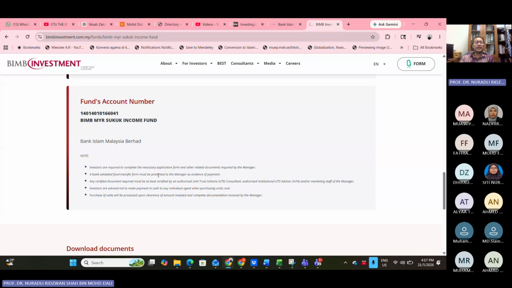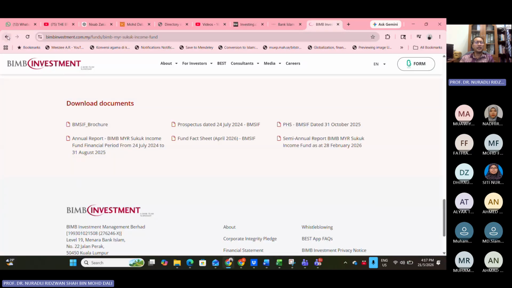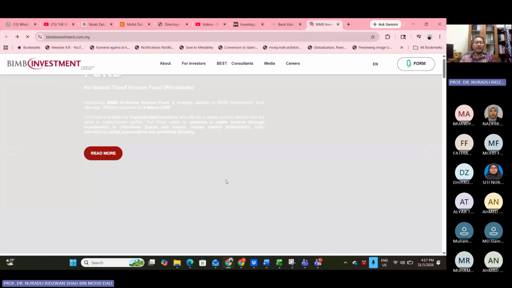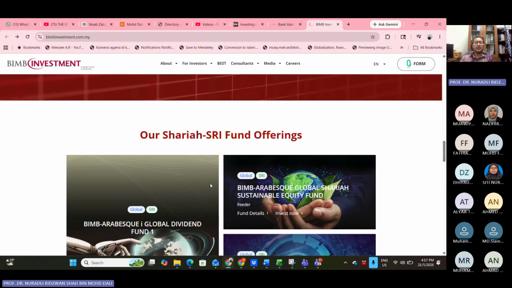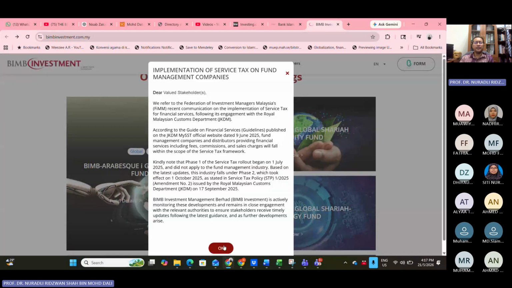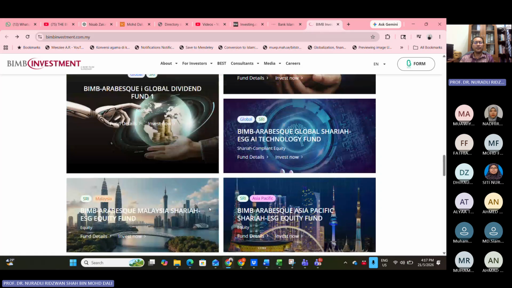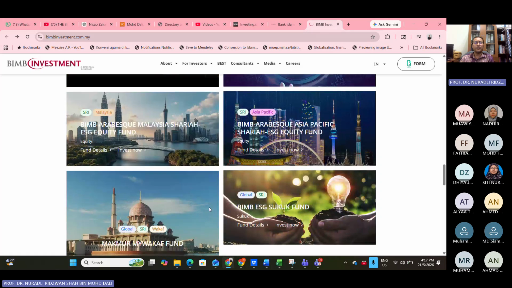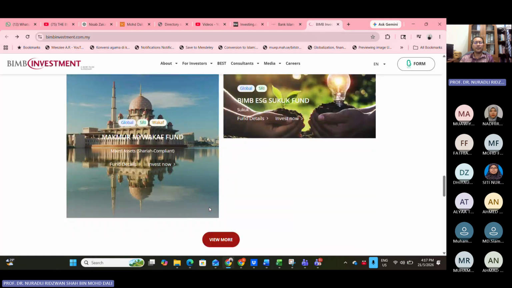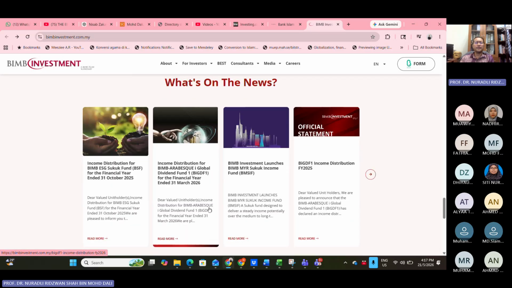This is just an example. You can try to buy the sukuk fund from here.